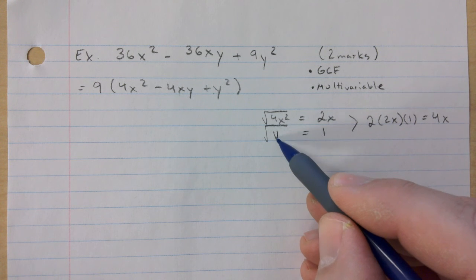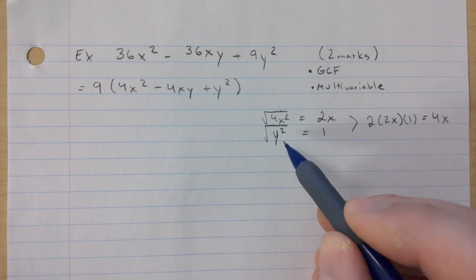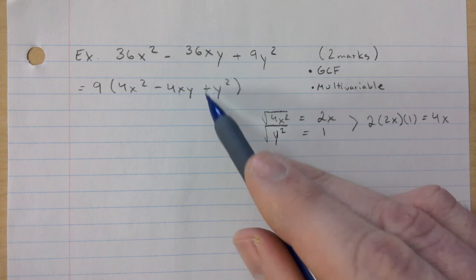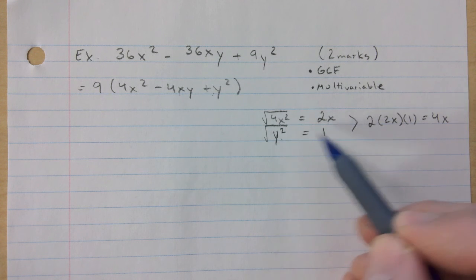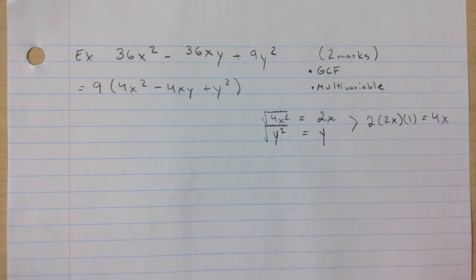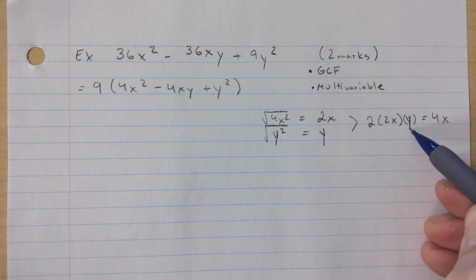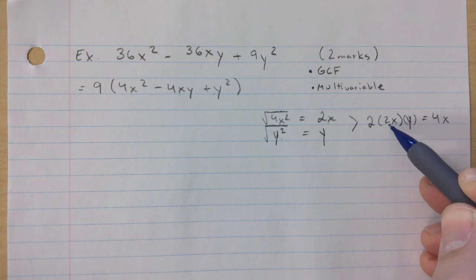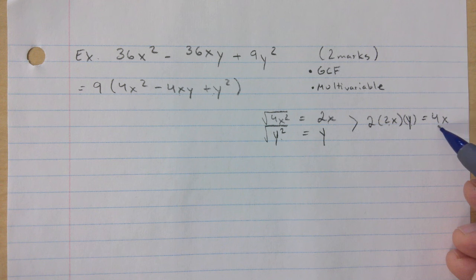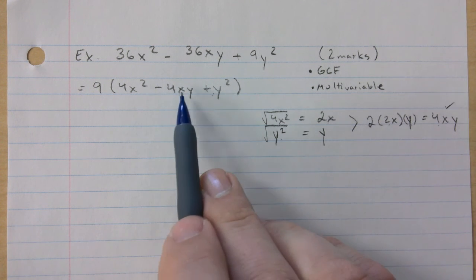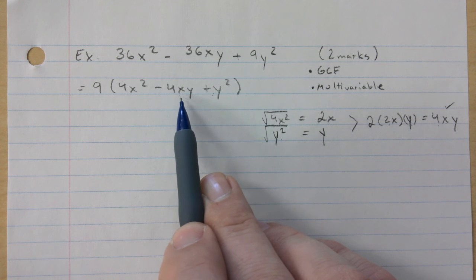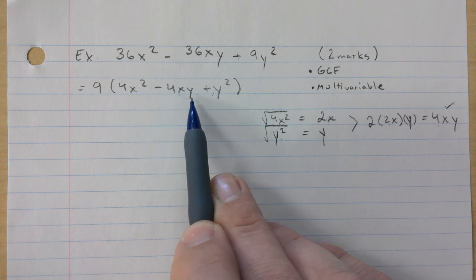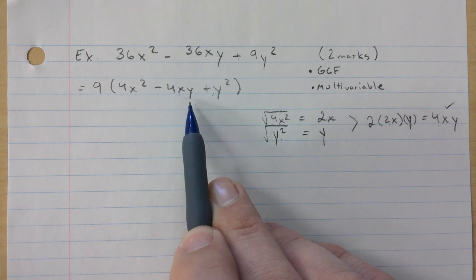This is supposed to be y squared. We take the whole term, not just the coefficient. We take the whole term, which is y. So it's 2 times 2x times y, which is 4xy, which checks out with my middle term here. Don't worry about the sign, just worry about the actual term.